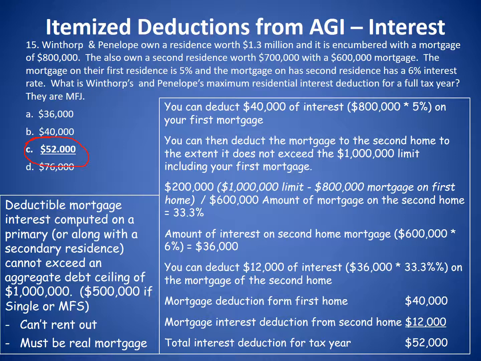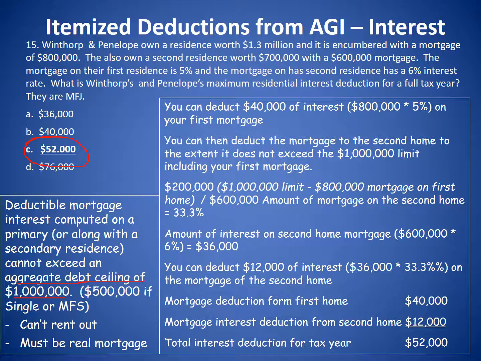Now, deductible mortgage interest computed on a primary residence along with a secondary residence cannot exceed an aggregate debt ceiling of $1 million. So in effect, you can deduct mortgage interest on indebtedness up to $1 million.